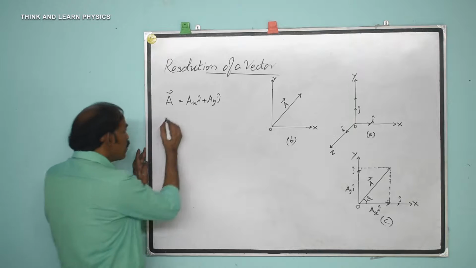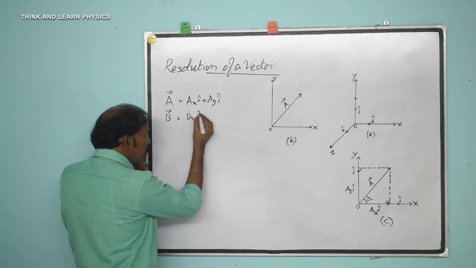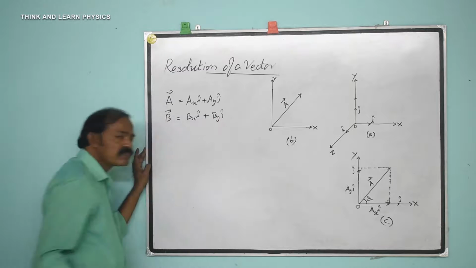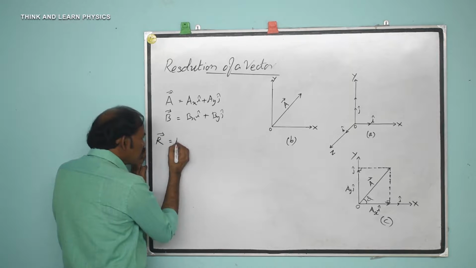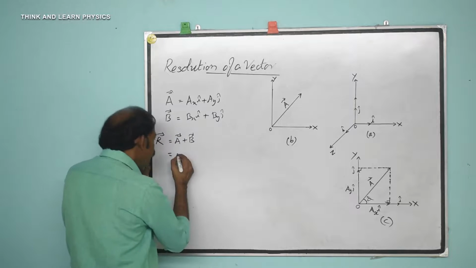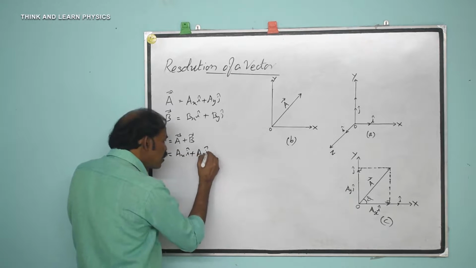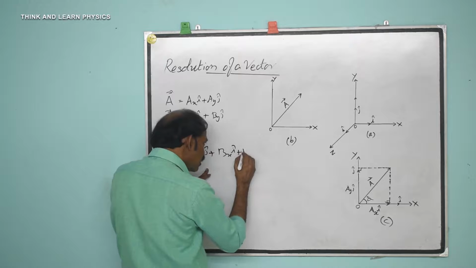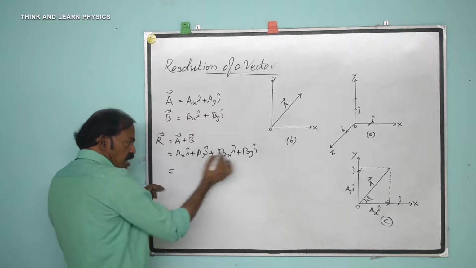Now, if another vector B vector is expressed in the same way, then we get B vector equals Bx into I cap plus By into j cap. Now, the vector sum of these two vectors is given by R vector equals A vector plus B vector. This is equal to Ax into I cap plus Ay into j cap plus Bx into I cap plus By into j cap.